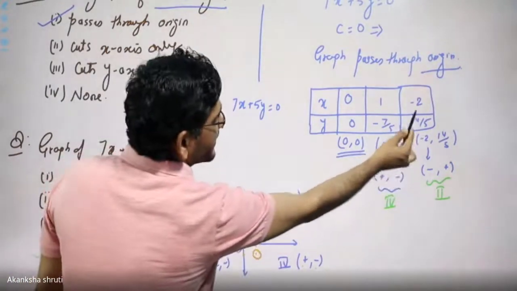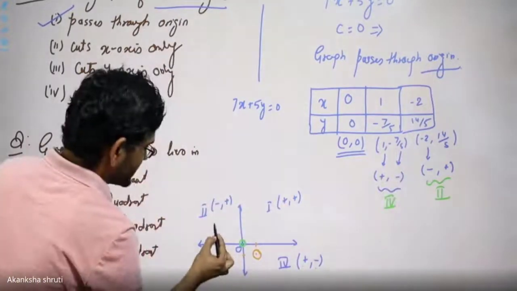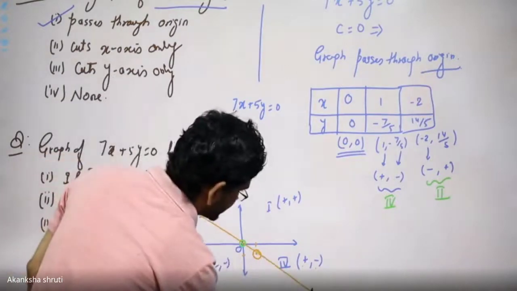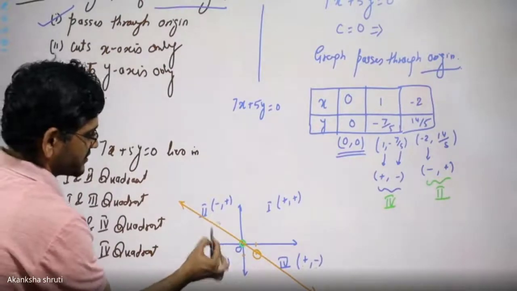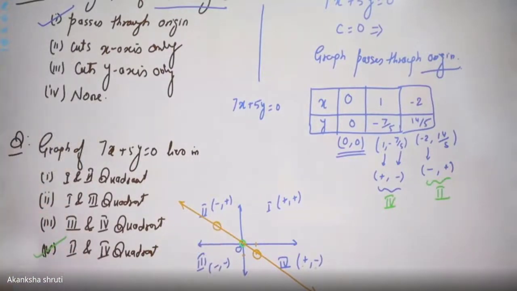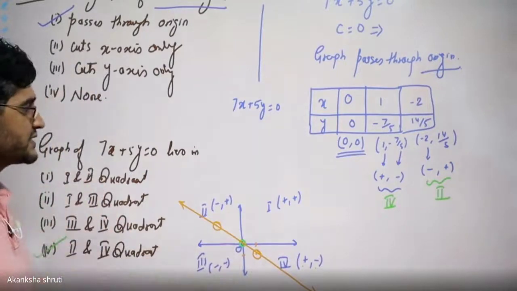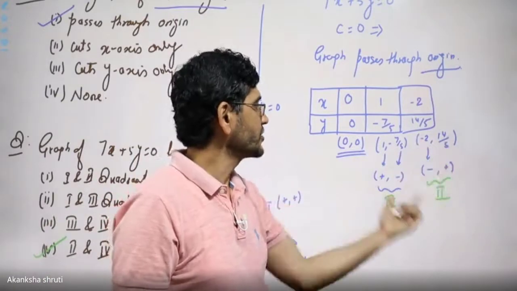Another time, x is minus 2, y is nearly 2, it will be somewhere here. On joining these, you will get the graph like this. This way, the graph lies in the second and fourth quadrants. By plotting, or by watching the signs of these solutions, you can say.